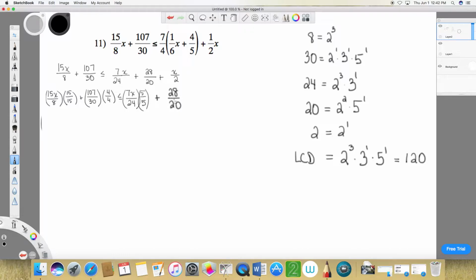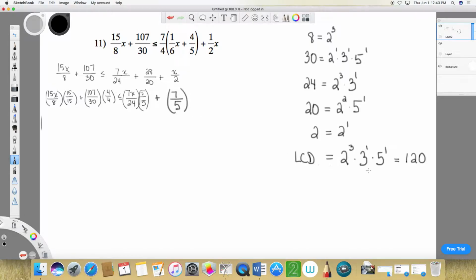Now I definitely could have reduced that to 7 over 5. I suppose I could do that now so that the numbers stay smaller. 28 divided by 20, both of those share a common factor of 4. 28 divided by 4 is 7. 20 divided by 4 is 5.